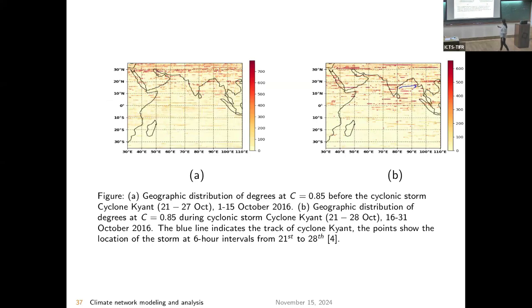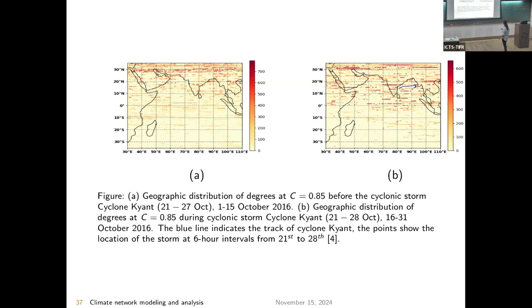Now this is our grid. There are 10,260 grid points in that, and we have calculated the degree distribution. These are the degree plots.